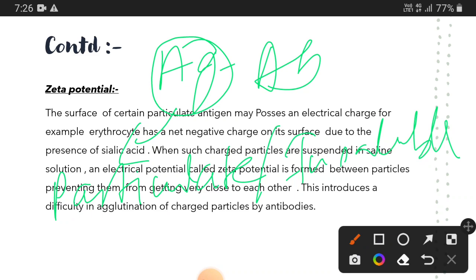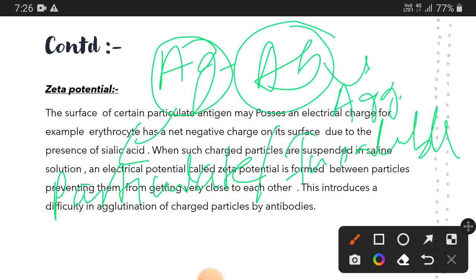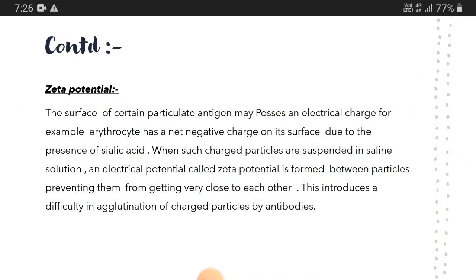So here remember, antibody is known as agglutinin because this antibody is agglutinating antigens, right? And if your antigen is erythrocyte, then remember this kind of agglutination is known as hemagglutination.